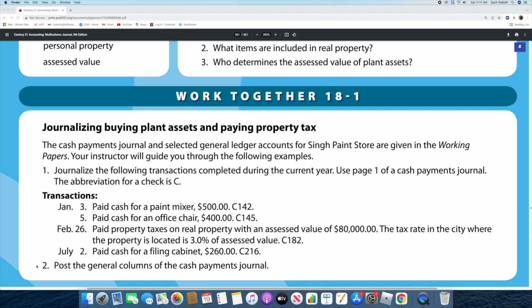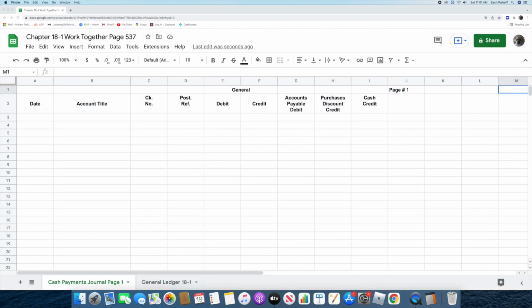Okay, so now that I've read over the instructions, let's jump right into the 18-1 work together. Alrighty, so now we're going to be moving on to the 18-1 work together, in which we will be journalizing buying plant assets and paying property tax.